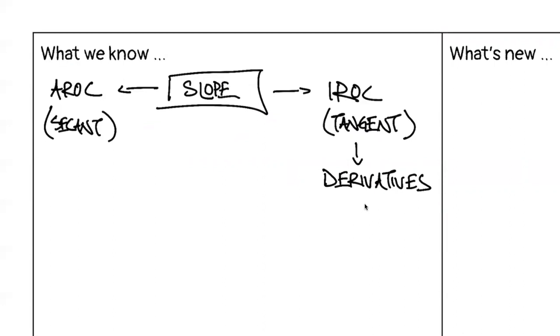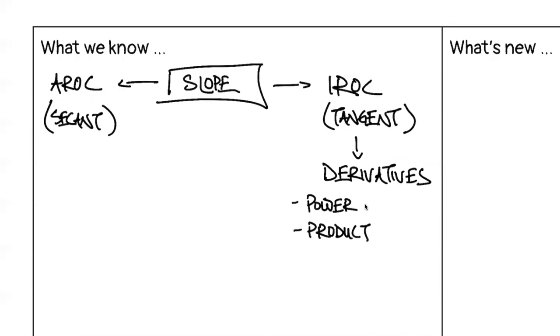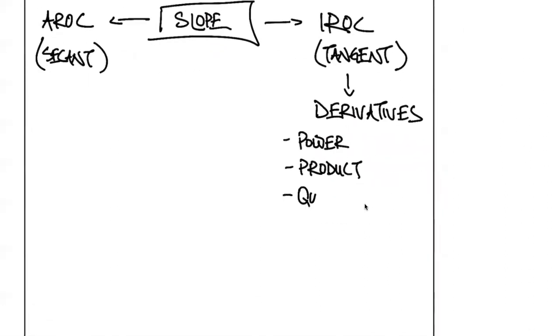And so with our derivatives, we learned so many rules, right? We learned the power rule. We learned the product rule. We learned the quotient rule. We learned all the trig derivatives, the exponentials and logs.